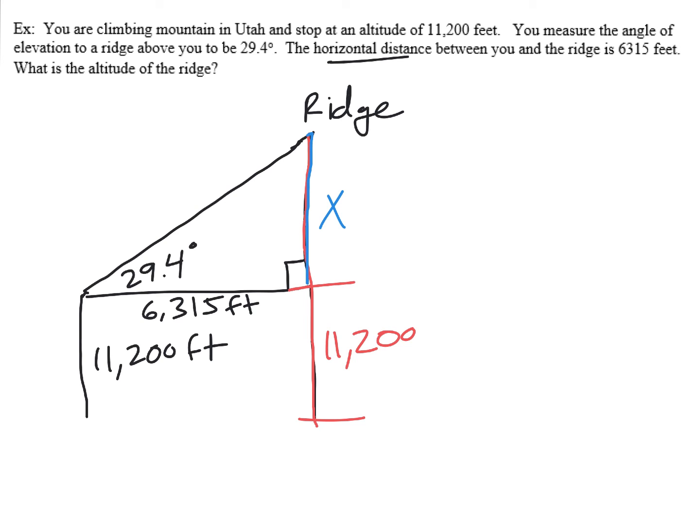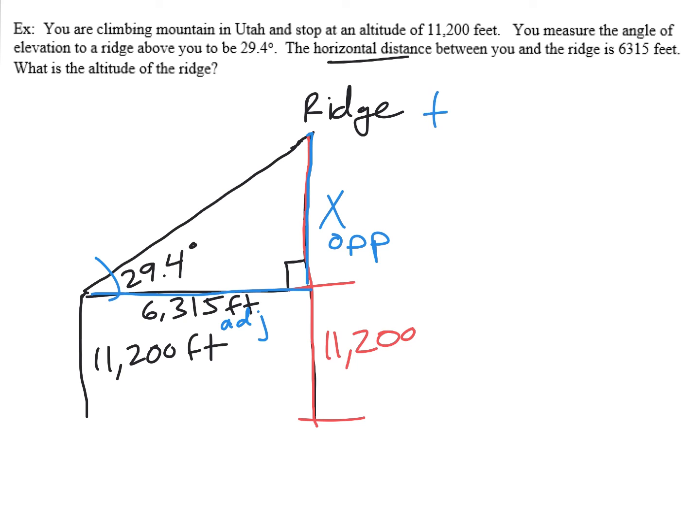I start at 11,200. How much did I go up, right? Because once I get that, I can tag it on to 11,200, and I've got how high the ridge is, okay? I need to use that side, which is opposite. This other side right here, I know.